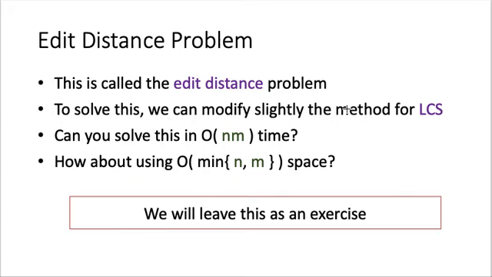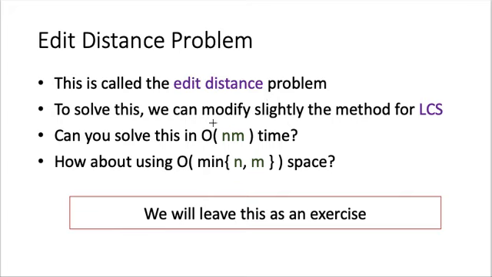And actually, as a practice for you, we can easily modify the method for LCS for this problem. We can use the LLCS method to compute the length of the LCS, and here we can use this method to compute the minimum number of operations for the edits.